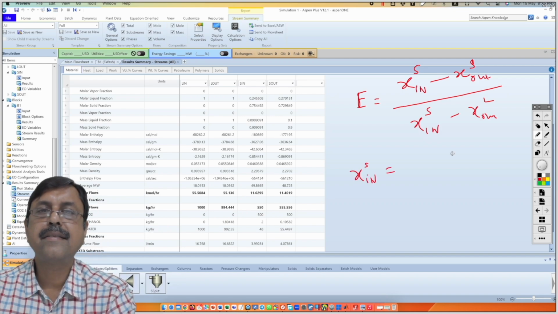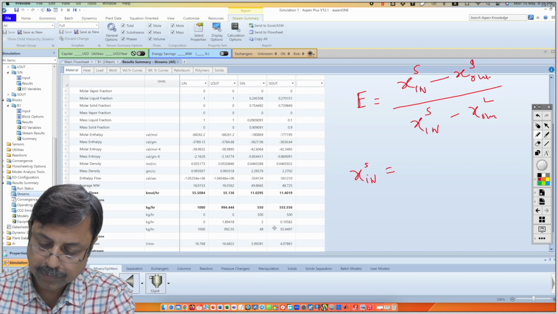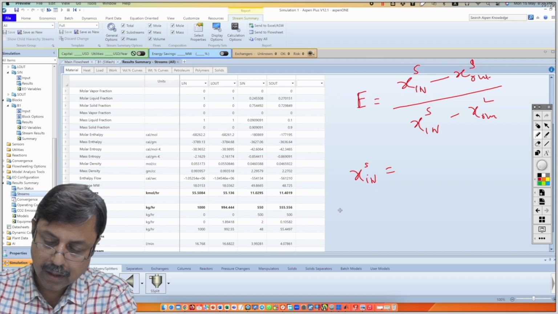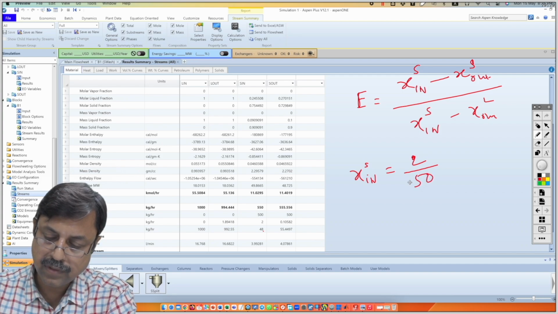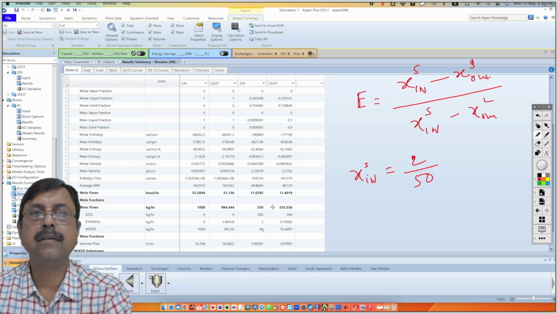So what is X in S? It will be 2 by 50, because it is 4%, right?